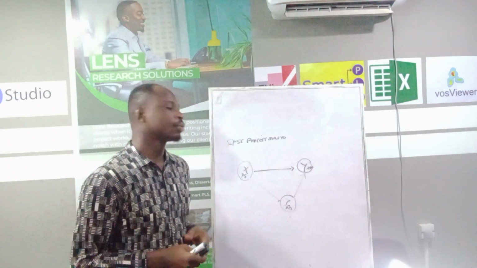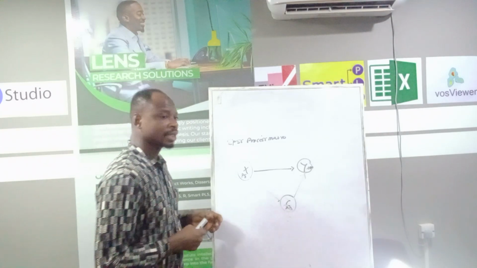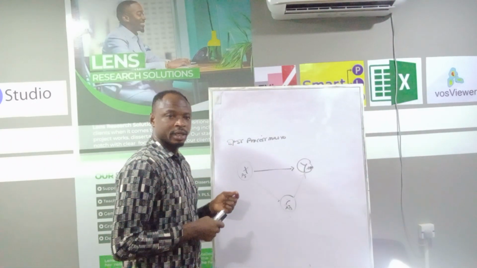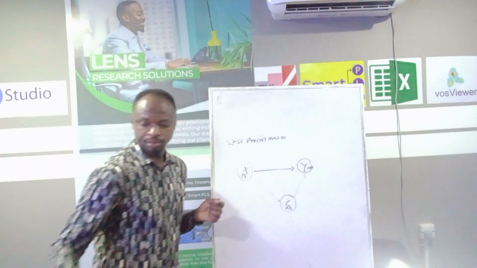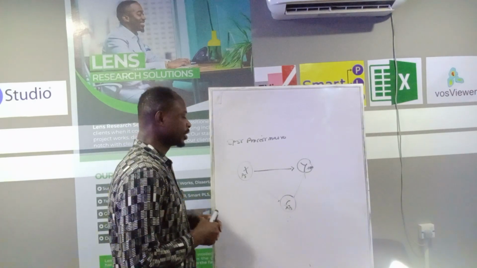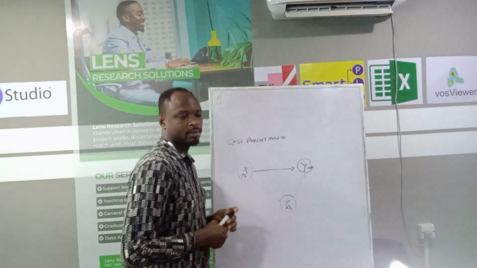Then we also have what we call moderation. A moderator is any factor or variable that intervenes in the relationship between the predictor or predictors and the dependent variable or variables.